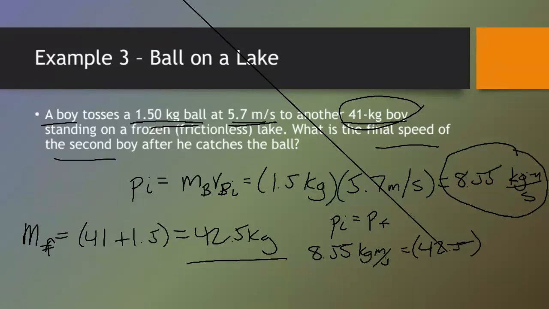My tablet's being a little strange, but I'll work around it. And so we would divide both sides by 42.5. And we find that once the boy catches the ball, he was standing still.